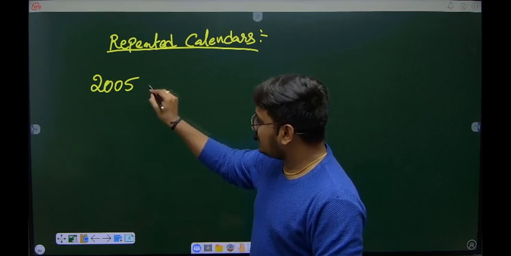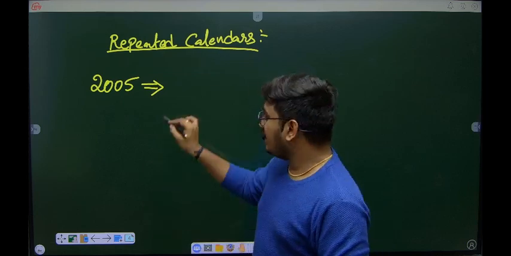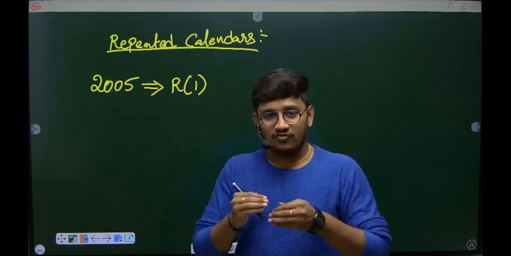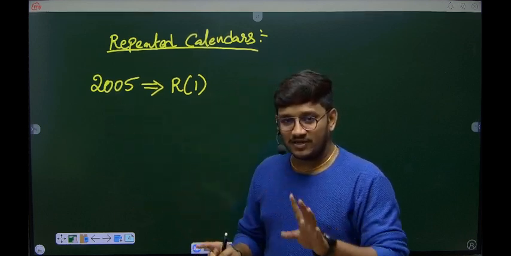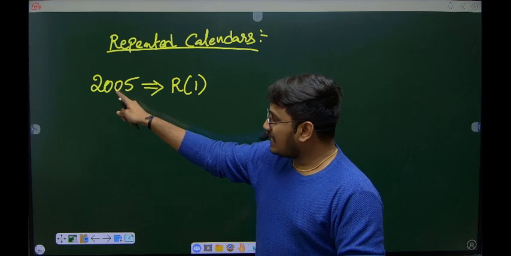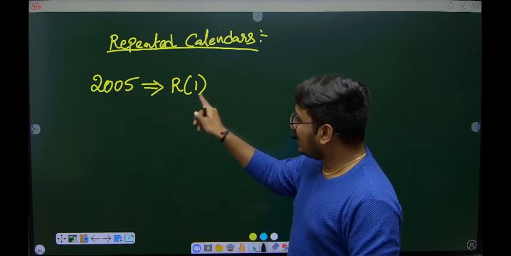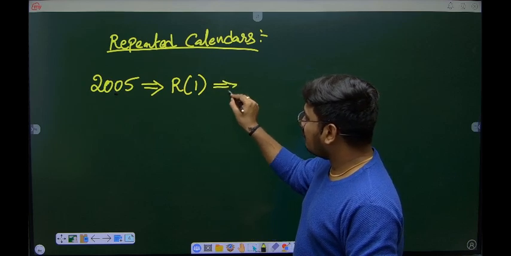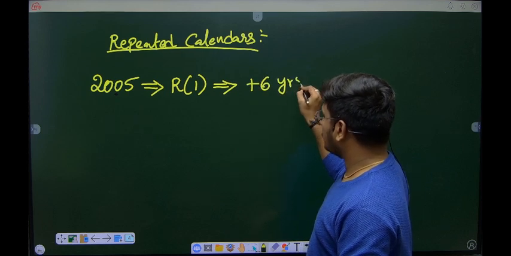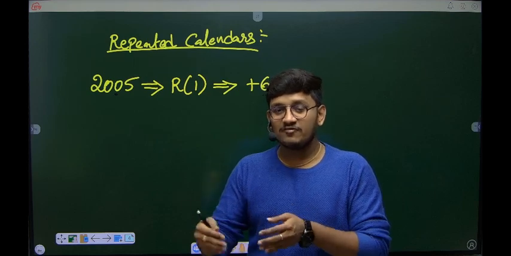If I divide 2005 by 4, I will get remainder 1. Whatever year they mention, if you divide it by 4 and get remainder 1, that calendar will be repeated after 6 years. Do remember this logic.